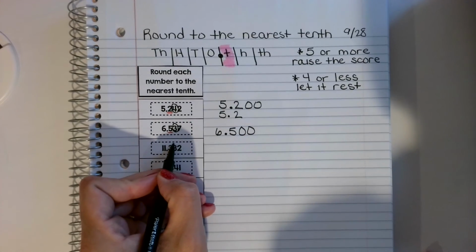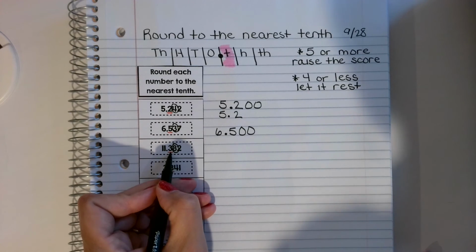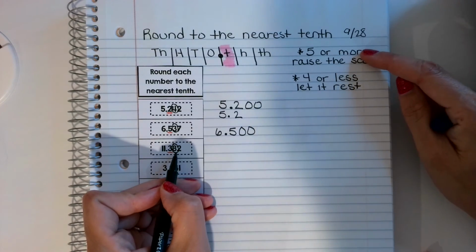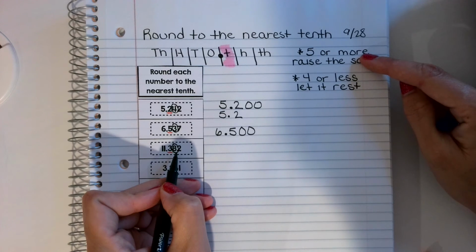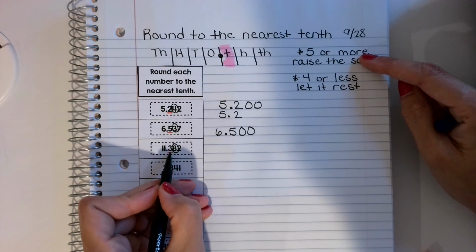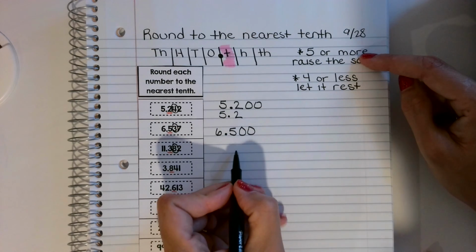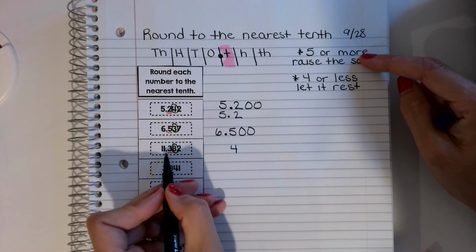So the digit to the right of my rounded place that I'm at, which is the tenths, is the boss. So 8, is it 5 or more or 4 or less? It's 5 or more. So I'm going to add 1 more to the digit that I'm rounding, which is the 3. So 3 plus 1 is 4.